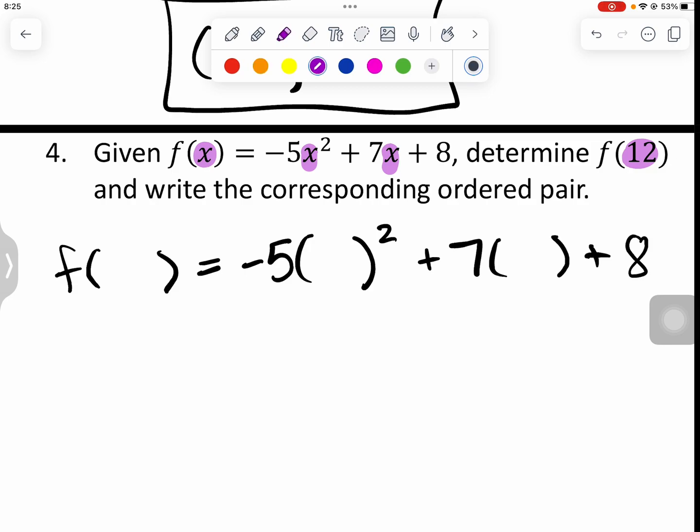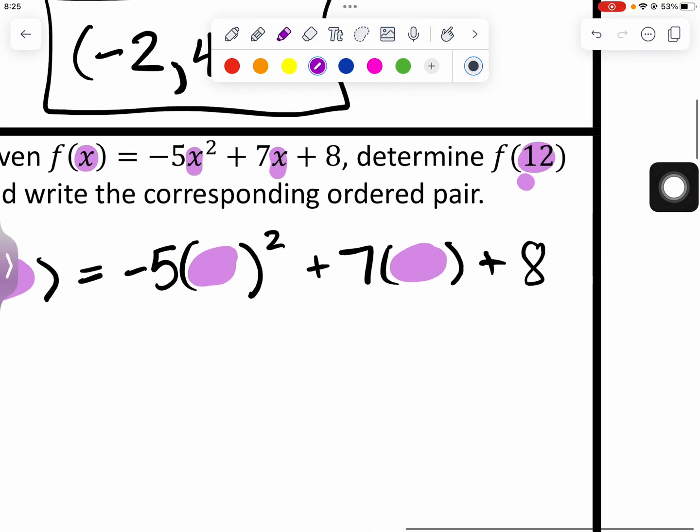In those parentheses, we're going to put in the number 12 because we're evaluating for f of 12. Remember how we say this out loud. It's f of whatever's inside those parentheses, in this case 12, f of 12.